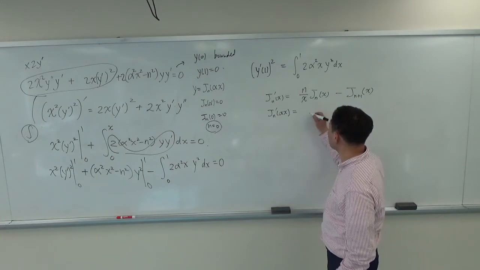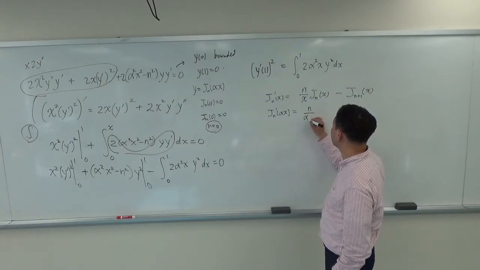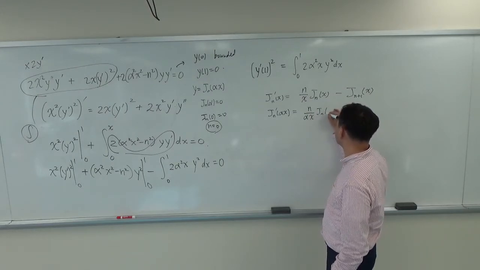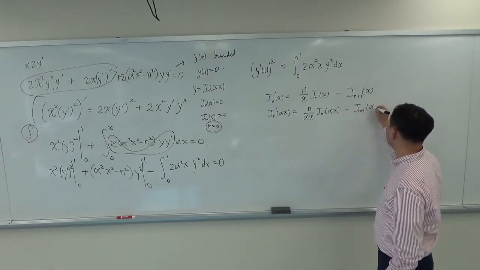If I simply use this, we get n over alpha x, jn of alpha x, minus jn plus 1 of alpha x.